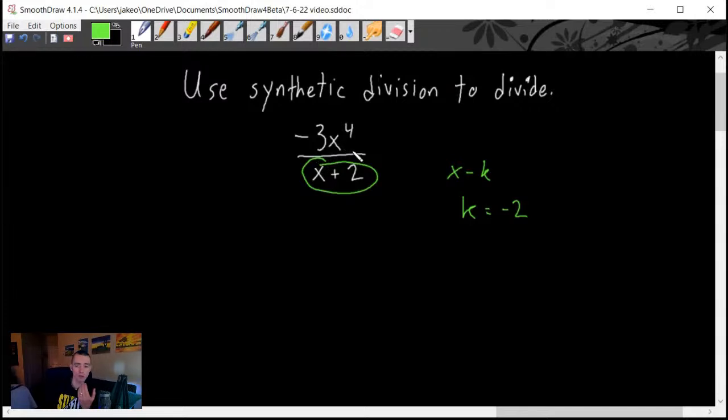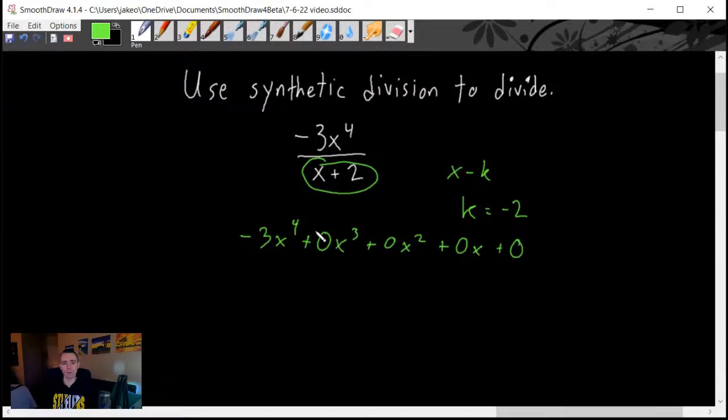Well, you can think of negative 3x to the fourth as basically the same as negative 3x to the fourth plus 0x cubed plus 0x squared plus 0x plus 0. So if you are ever missing any powers of x in the middle or towards the end of your polynomial, you need to fill in the gaps with zeros.